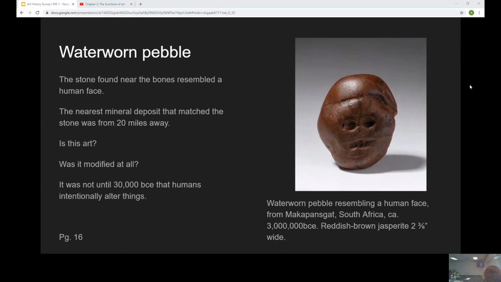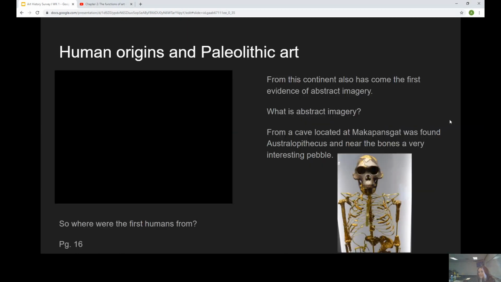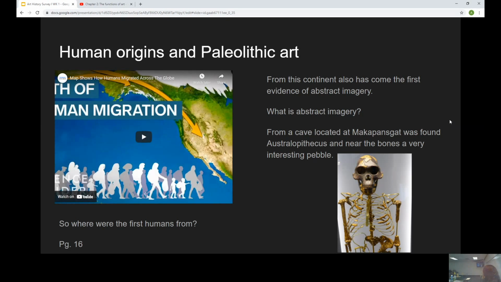It is from around 3 million BCE, which is extraordinarily old. And it was found, like I said, right next to the dude that we just looked at. By the way, these yellow bits are the actual bones that were found.